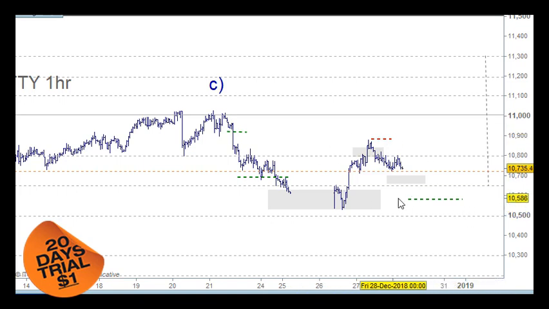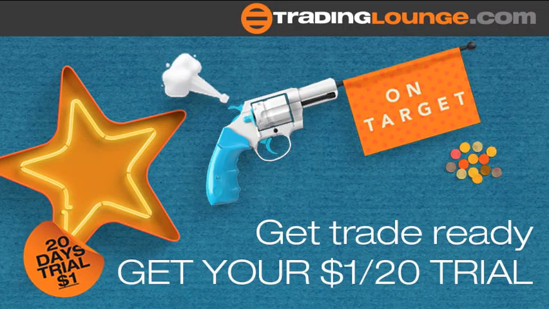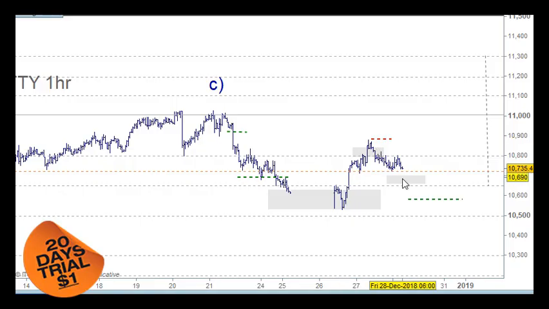The little tricky thing here is that normally when the 72 becomes the resistance, we would short, but in this case we're going to have to use the 65, because of the move up through here and the move back, this would be the support area. So once the 61.8% becomes the resistance, then you know that you're onto the downside.